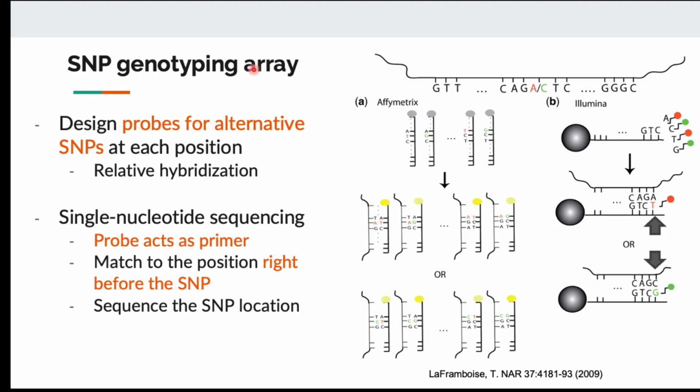But for microarray, because we are designing oligonucleotides specifically on each cell, we know exactly for each signal which region of the genome or which SNPs it belongs to. So people have adapted this for SNP genotyping.